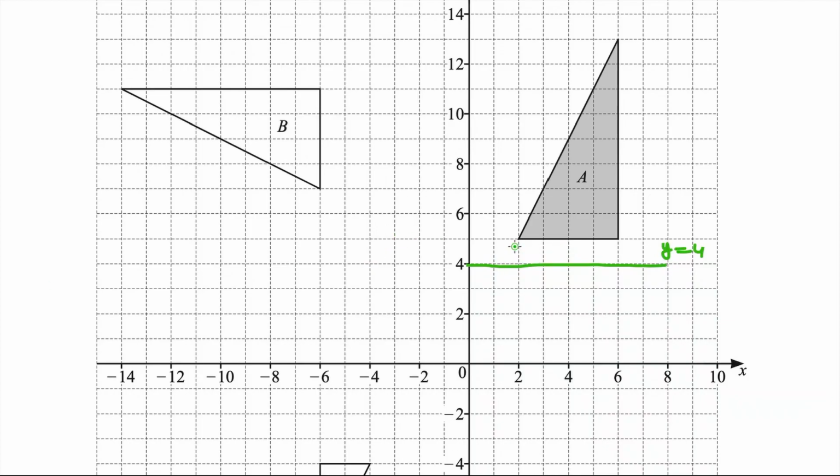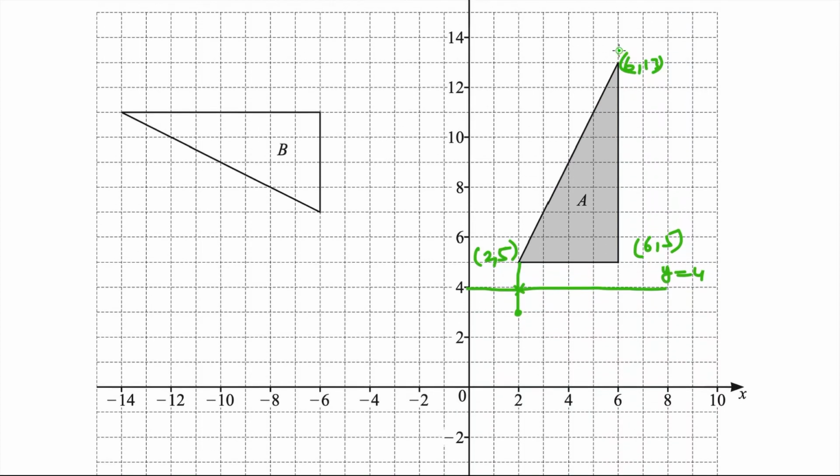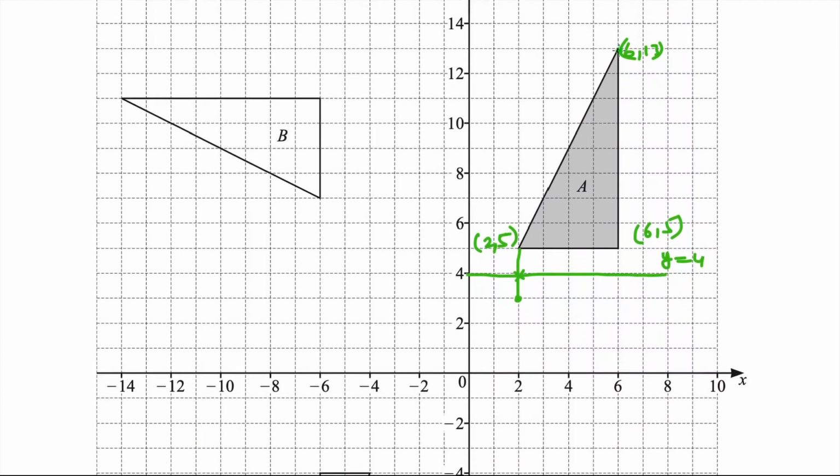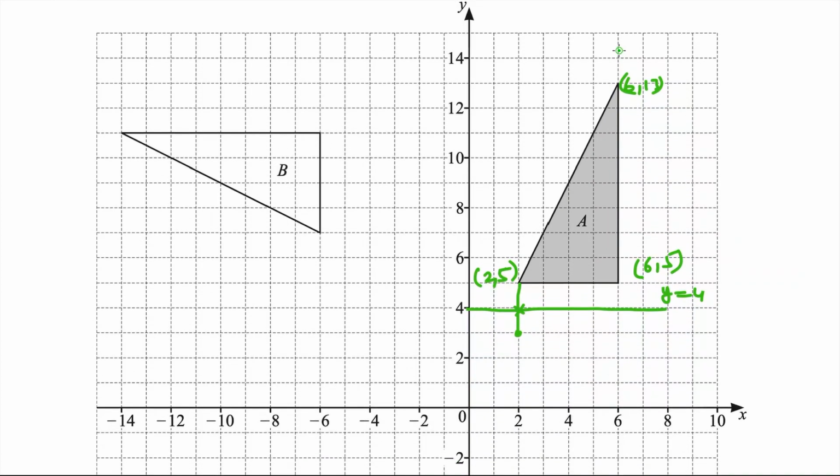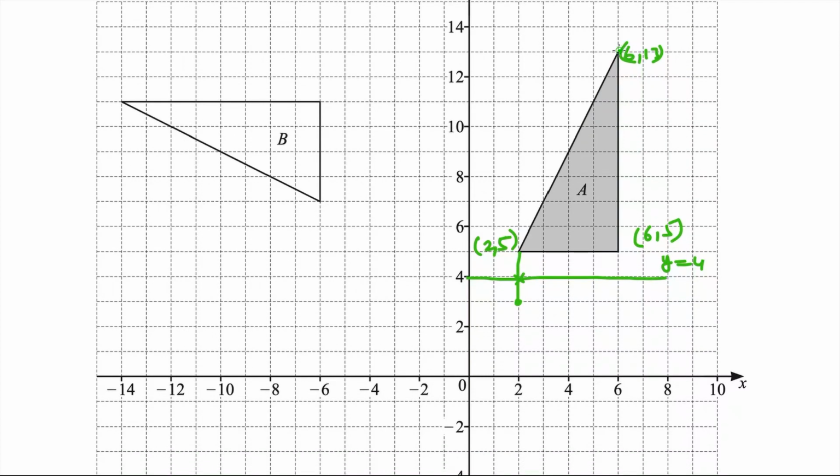Now reflection means what happens? We join the corresponding point such that the midpoint lies on the mirror. So this is 2 comma 5, this is 6 comma 5, and 6 comma 13. For 2 comma 5, if this is the midpoint, then the corresponding point would be 2 comma 3.